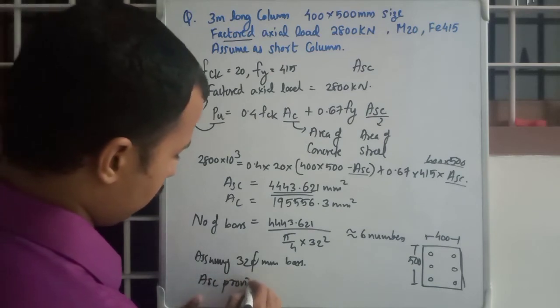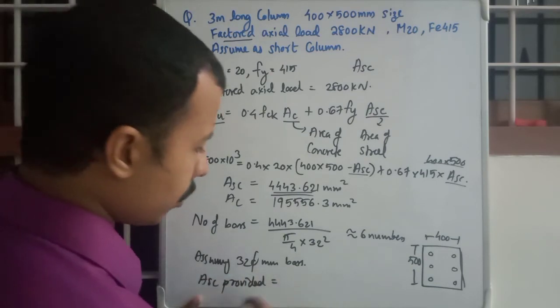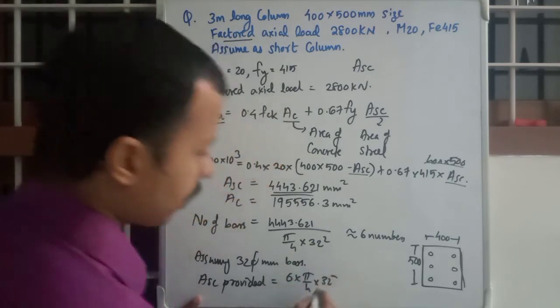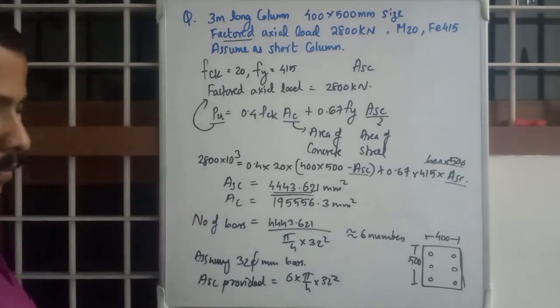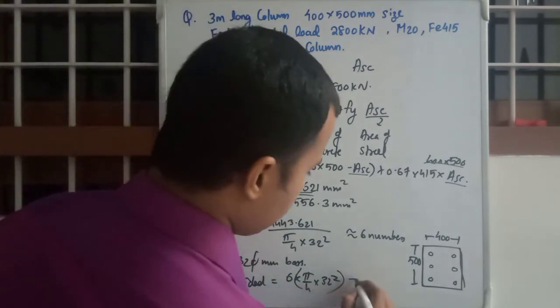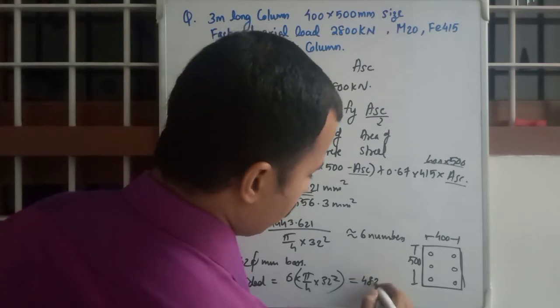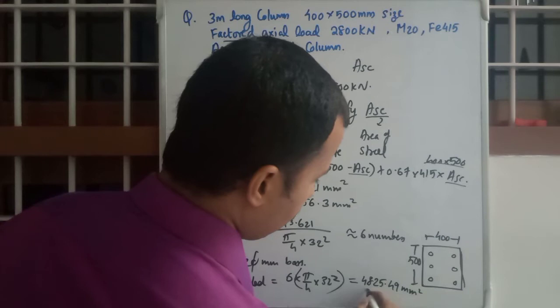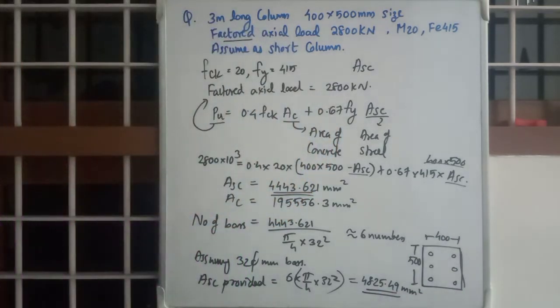Asc provided is equal to 6 into pi by 4 into 32 square. That's it. 6 numbers, that is 4825.49 mm square.